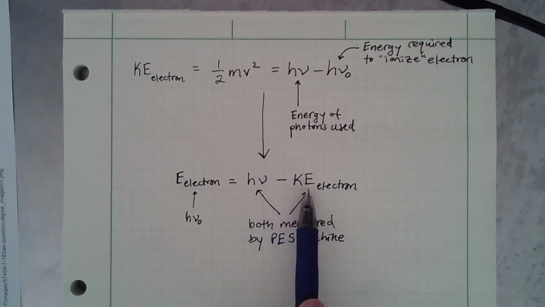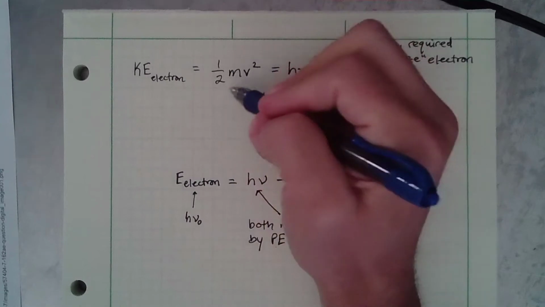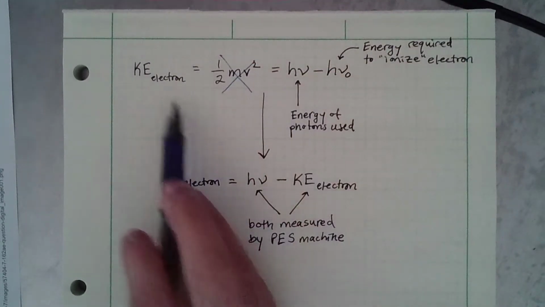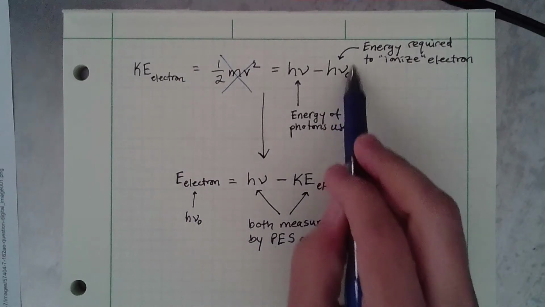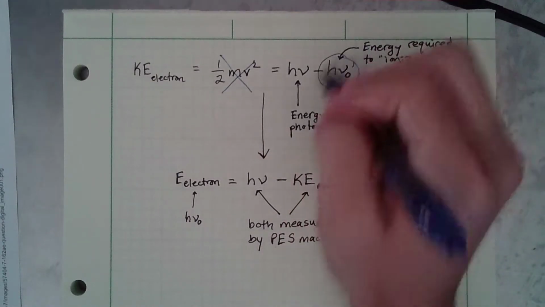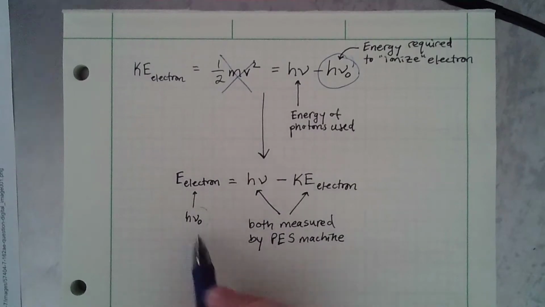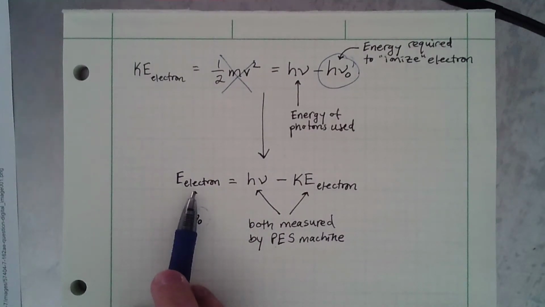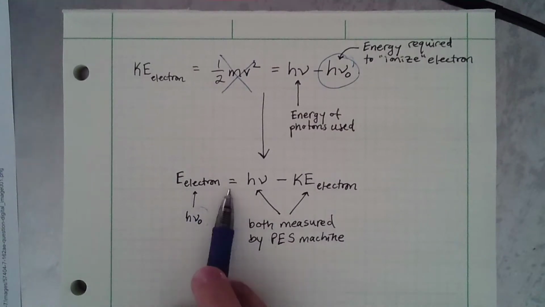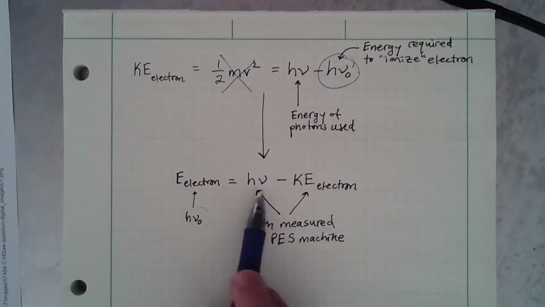If you just ignore this factor here, and rearrange that equation a little bit, you can solve for this term, which is right here. The energy of the electrons that are emitted is equal to the difference between the energy of the photons used and their kinetic energy.